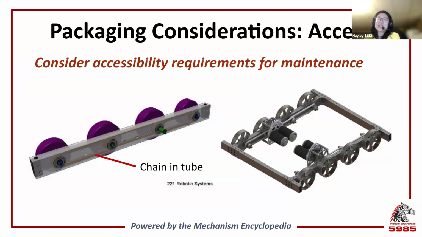Always consider how easy it is to access components of your design for maintenance. During competition, quick repairs are often necessary. If you need to remove multiple layers of mechanisms and parts just to fix a belt or adjust a chain, you're going to lose valuable time or even miss a match.